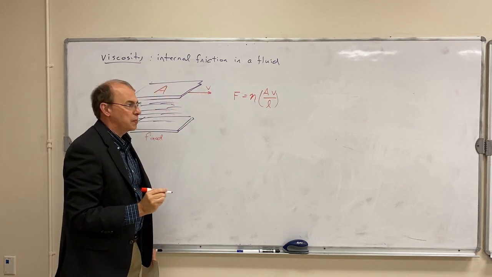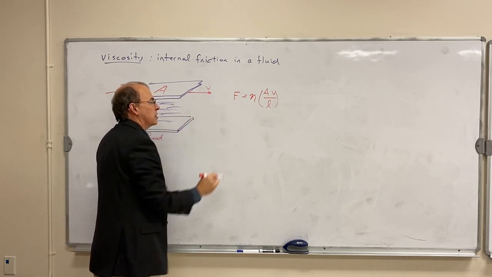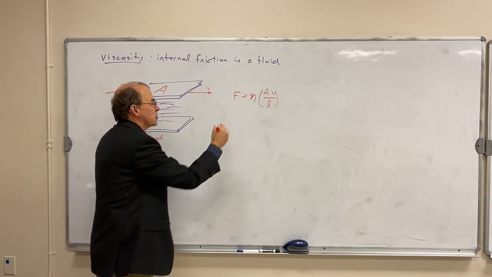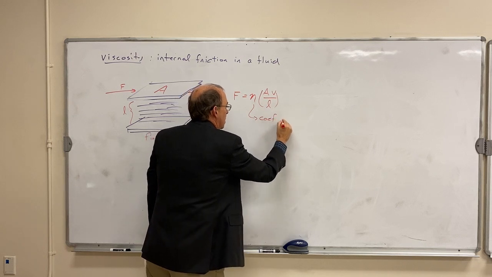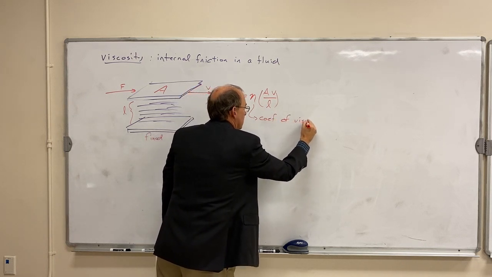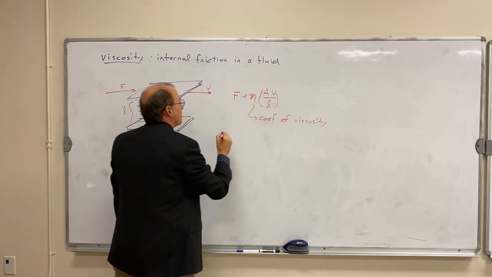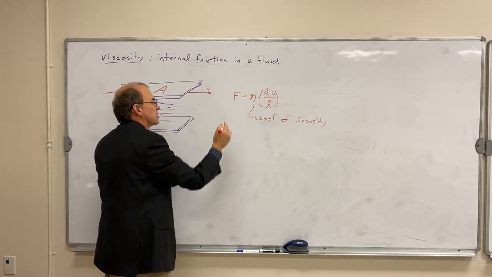That's where the material dependence comes in. If you put different fluids in, you have to push different amounts of force. So this is called the coefficient of viscosity, viscosity. That's actually where viscosity is defined, in this equation.